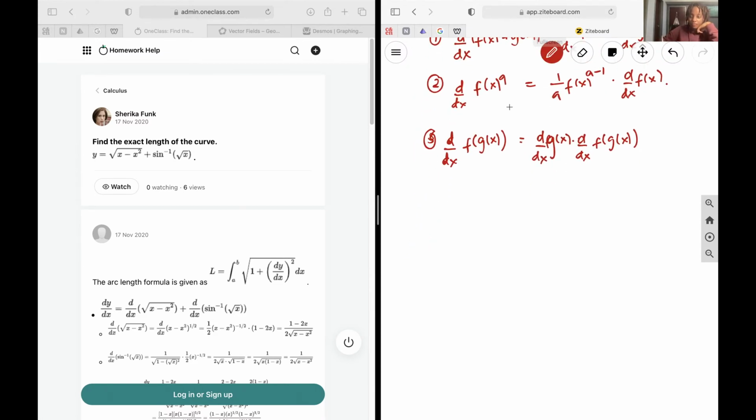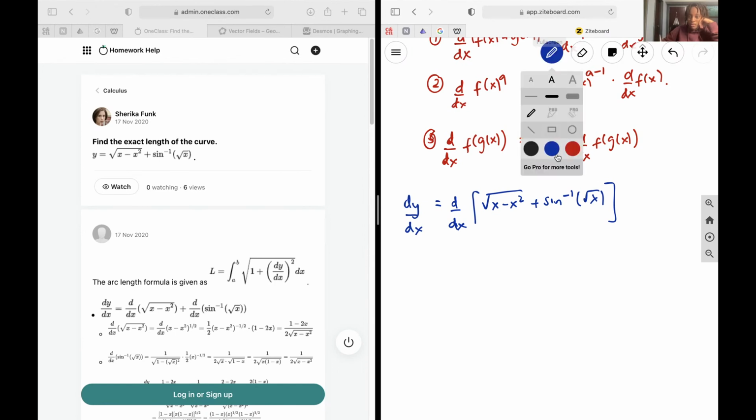And so, for our question, we want dy over dx, which is going to be d over dx of root x minus x squared plus the inverse sine of root x. So first up, we're going to use the first rule in order to separate them.